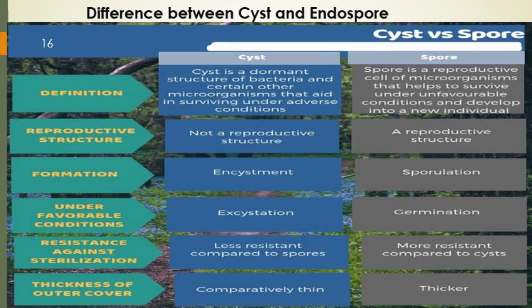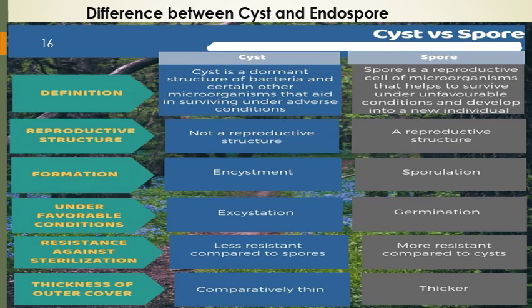Difference between the cyst and endospores. Cysts and spores are resting structures of microorganisms. Unlike cysts, spores are reproductive structures that can develop into a new individual. So this is the key difference between cyst and spore.